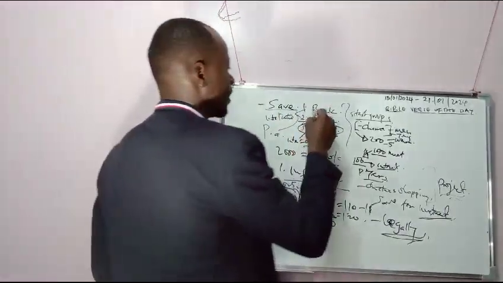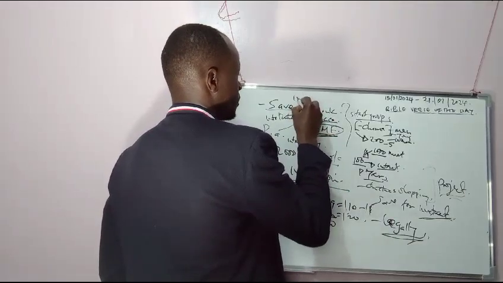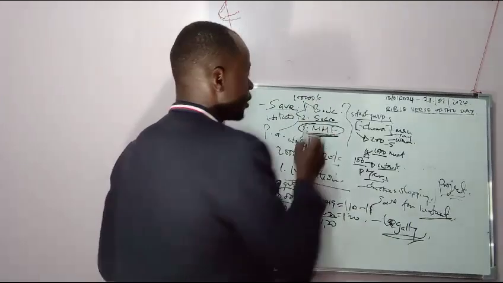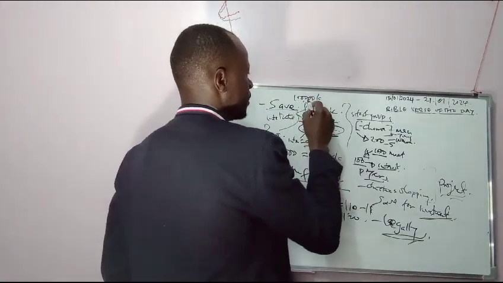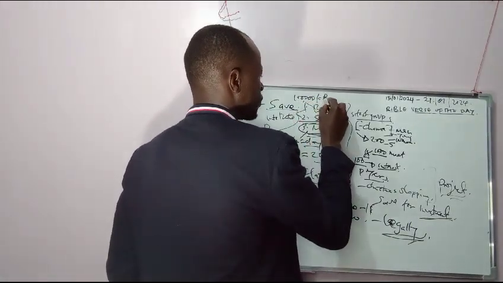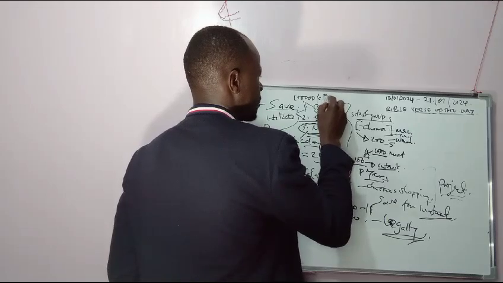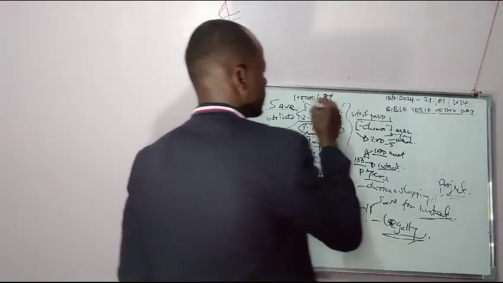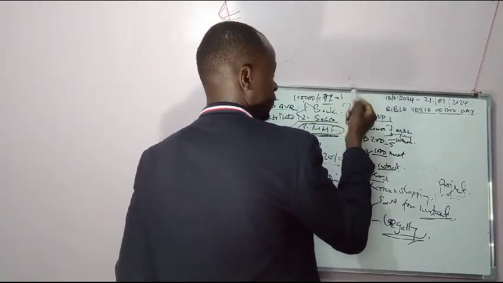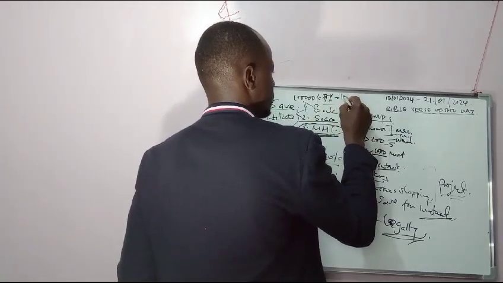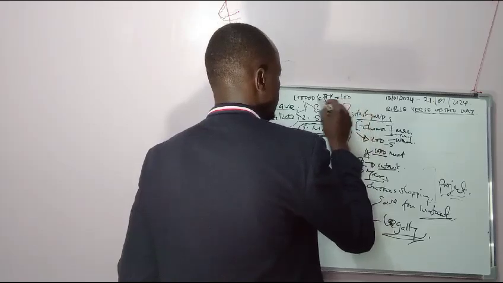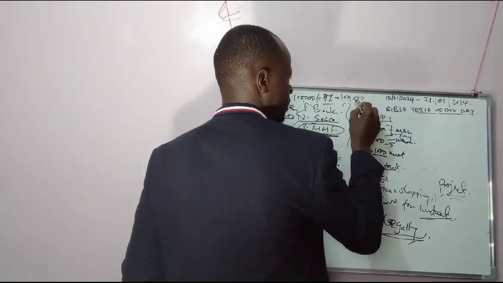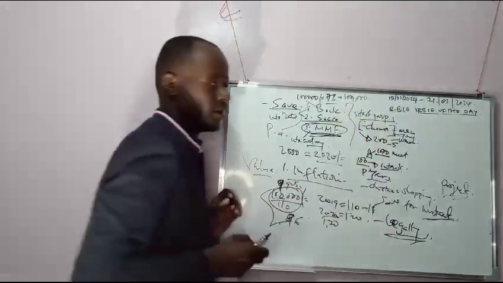So if you put your money in a bank, which is 100,000, let's say, and you get an interest of say 7 percent per annum. You get this at 100, and they give you probably 9,000 above your money.